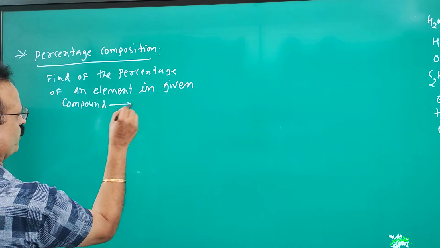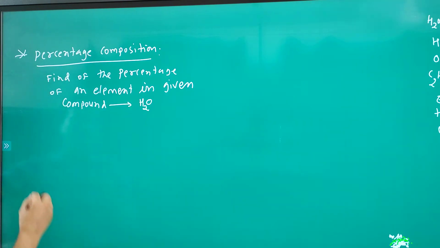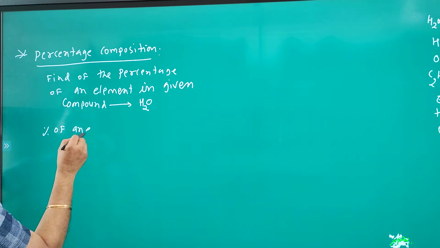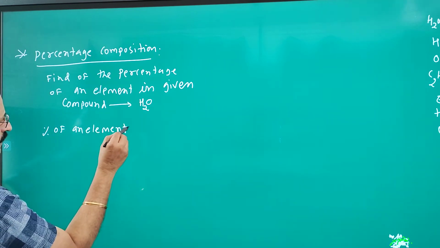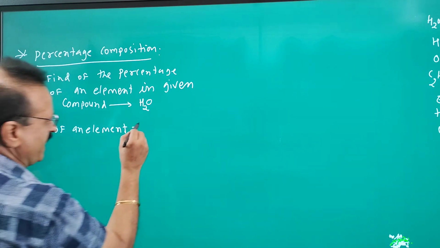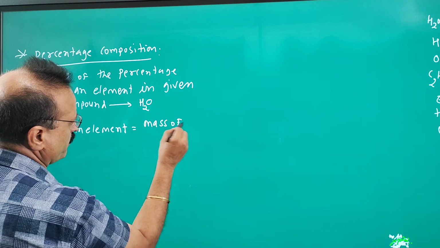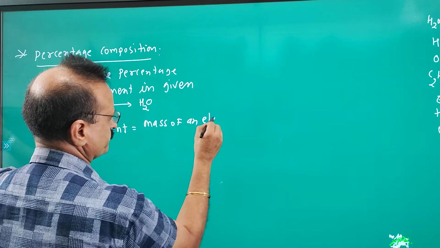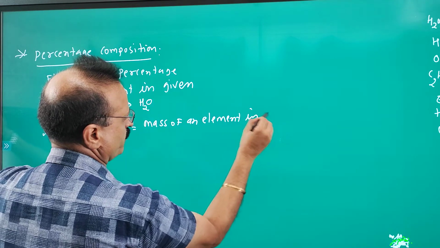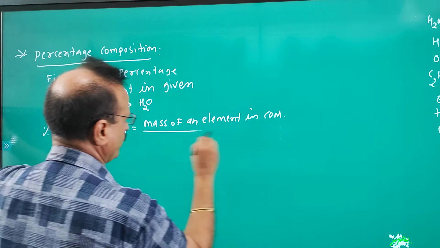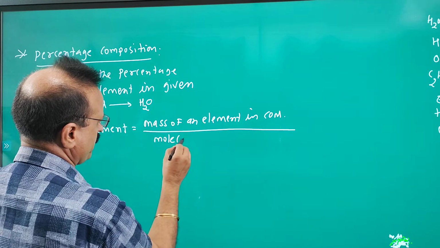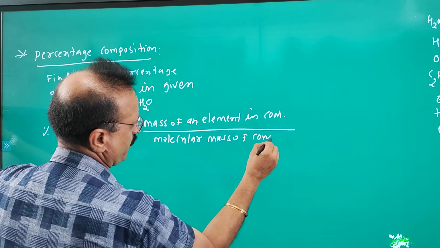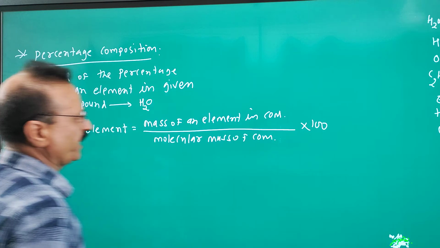Suppose it is H2O. So the percentage of an element is equal to the mass of the element in the compound upon the molecular mass of the compound, into 100. This is the formula.